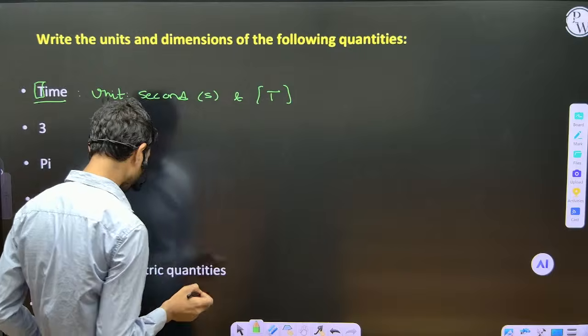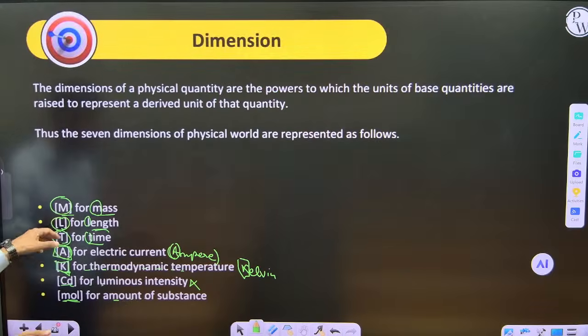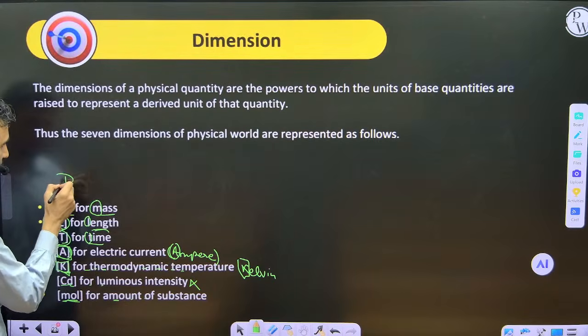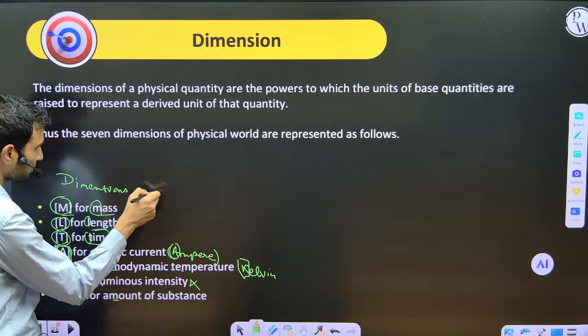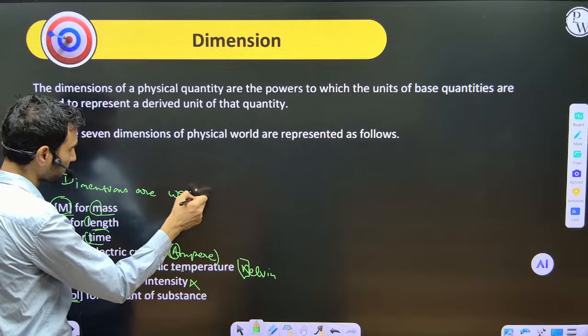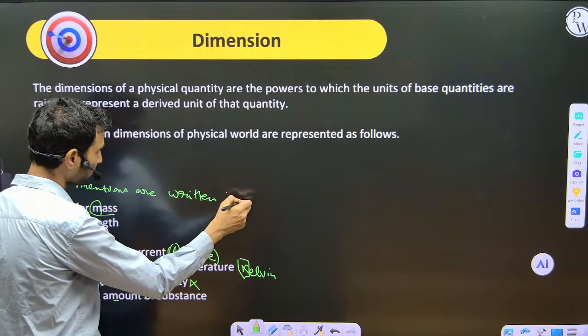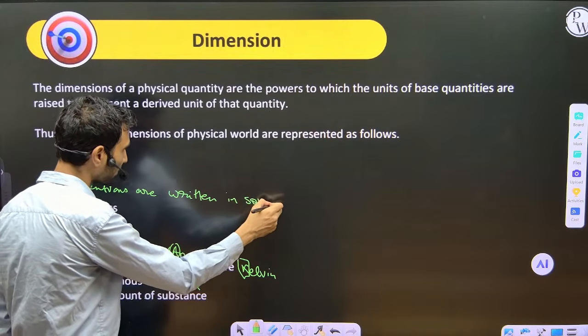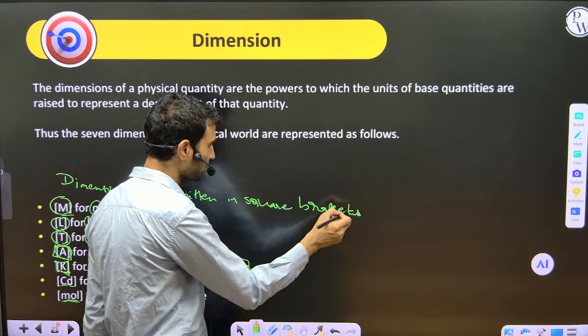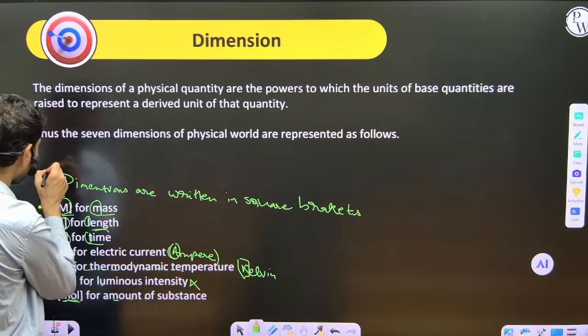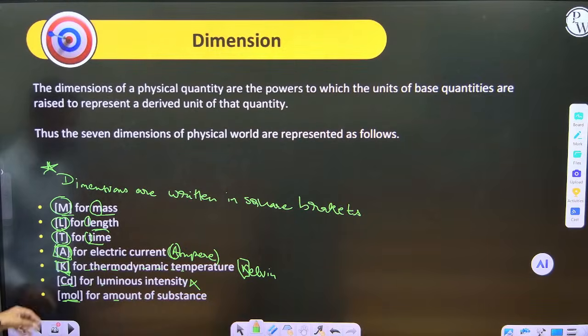And if you notice, dimensions are written in square brackets, right? So that is an important observation. All dimensions are written in square brackets, you can see, right?